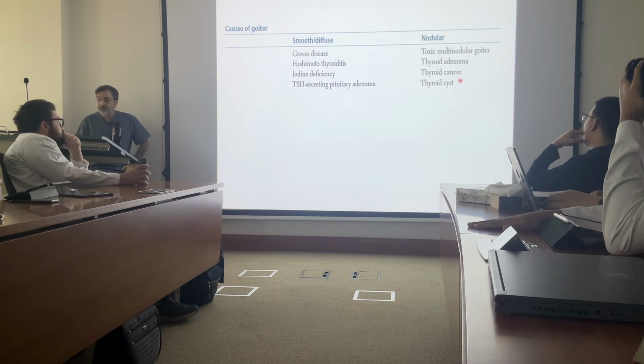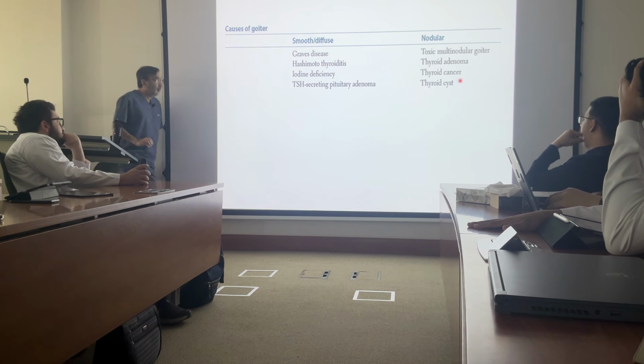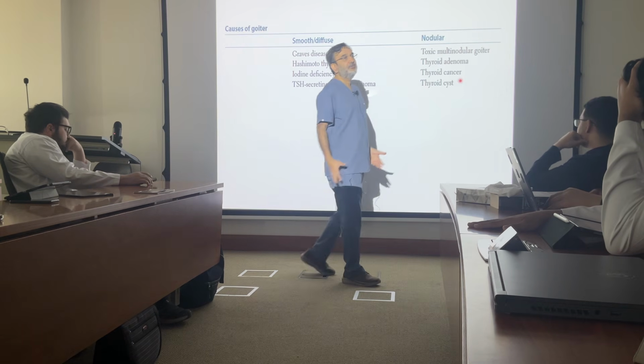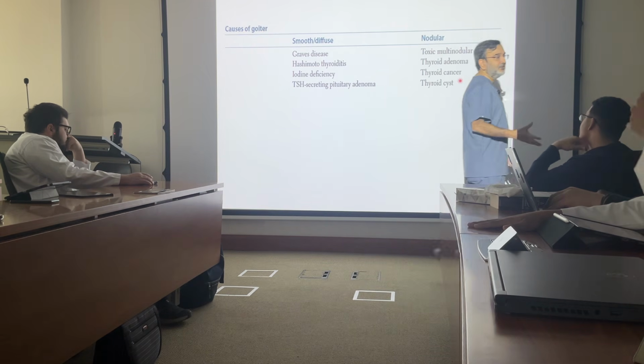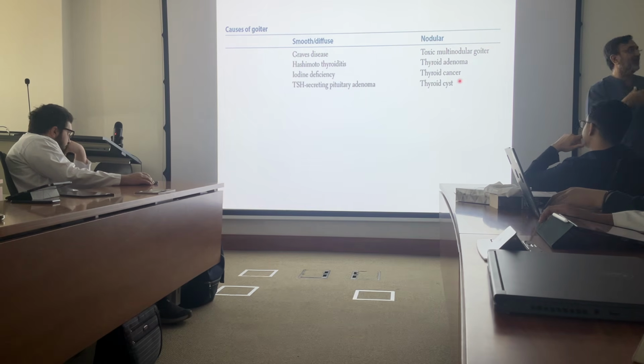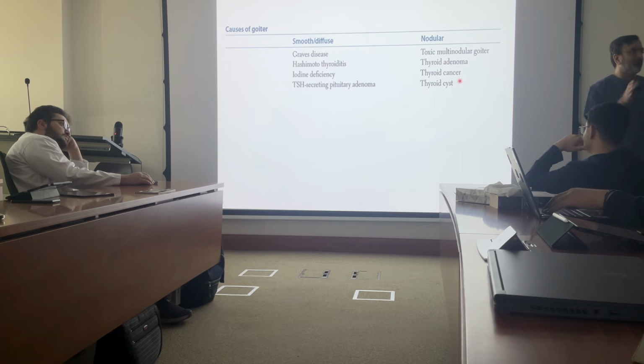Now, causes of goiter. Goiter is an enlargement of the thyroid gland, so it has nothing to do with hypothyroidism or hyperthyroidism. You can have hyperthyroidism and have a goiter, and you can have hypothyroidism and have an enlargement of the thyroid gland.